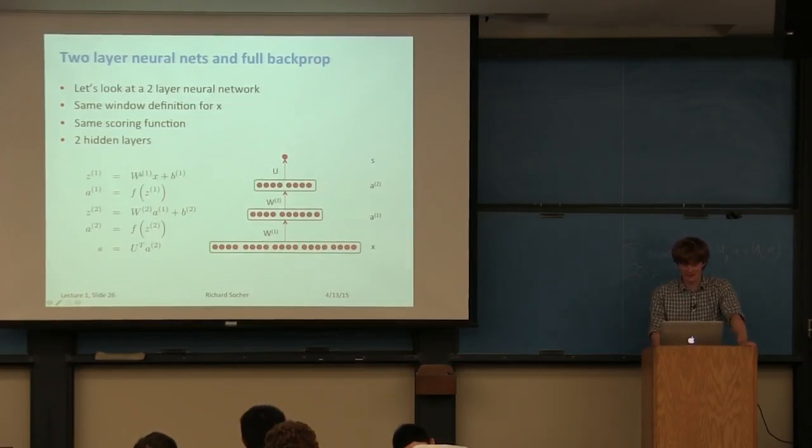We have this simple matrix product again, and now we apply our element-wise nonlinearity f to the output of that linear layer. And now Z2 is going to be W2 times A1, the previous layer, generally layer minus 1, plus B2. So each hidden layer has its own bias terms. And again, we apply an element-wise nonlinearity.